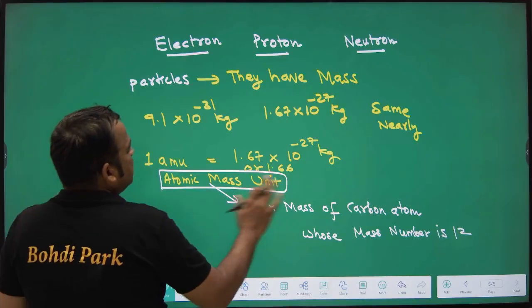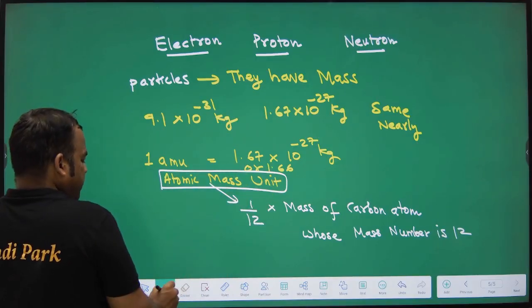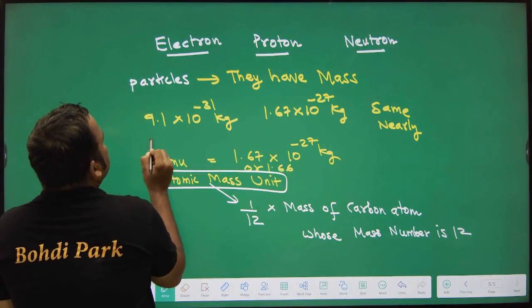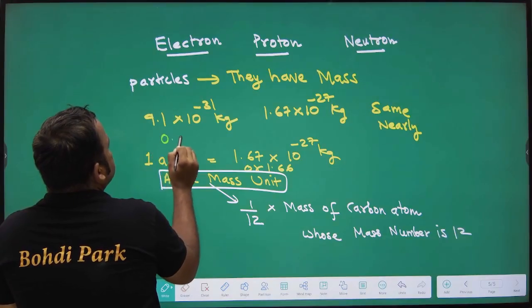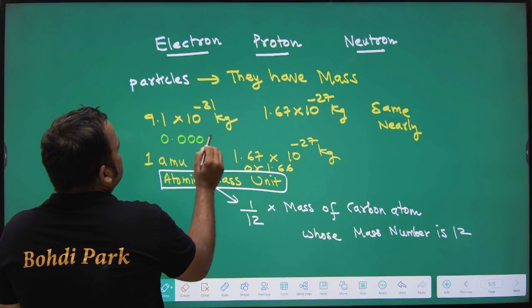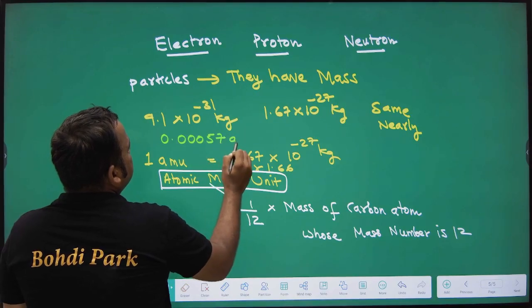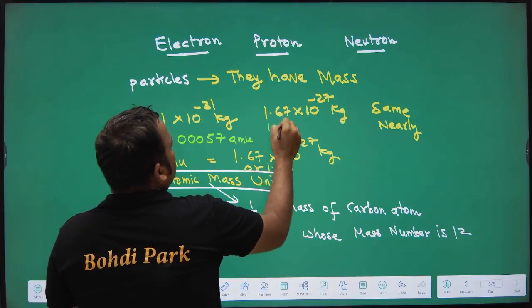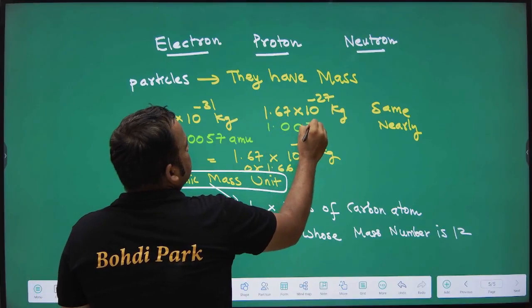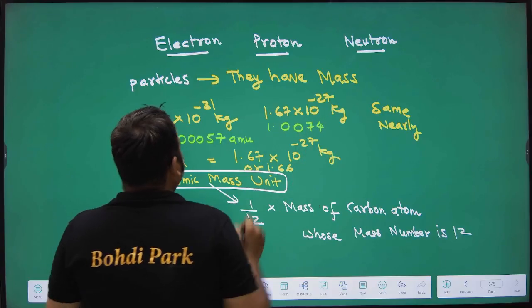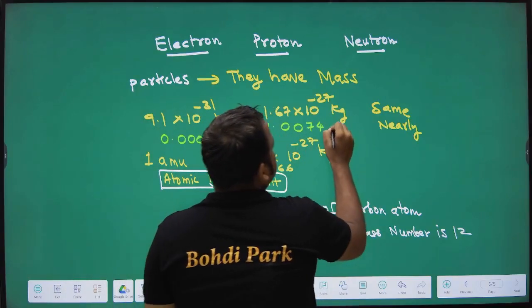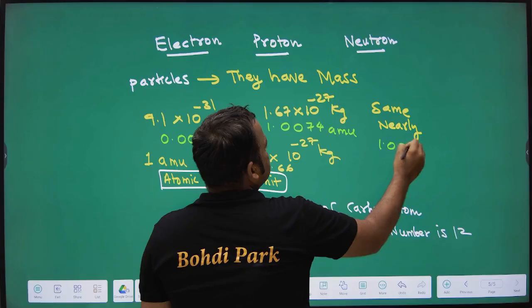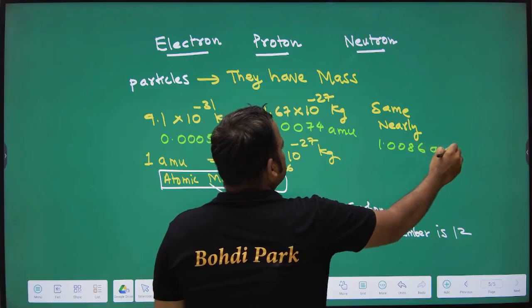So that is known as atomic mass unit. So in atomic mass unit, the masses are like this. The electron is 0.00057 AMU, the proton is 1.0074 AMU, and the neutron mass is 1.0086 AMU.